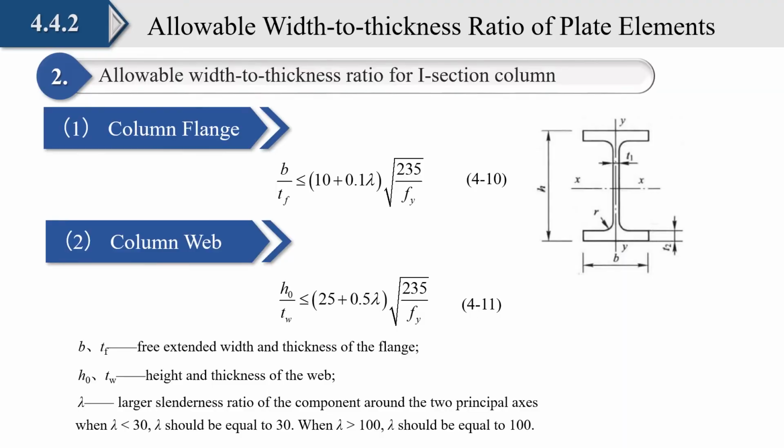The limit value of the width-to-thickness ratio of a flange and web can be derived according to the aforementioned equivalent stability criteria. The obtained results are given in equation 4-10 and equation 4-11.